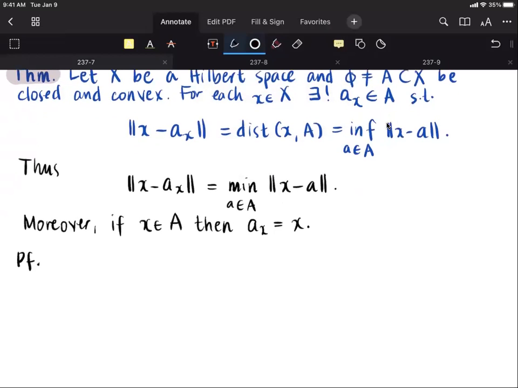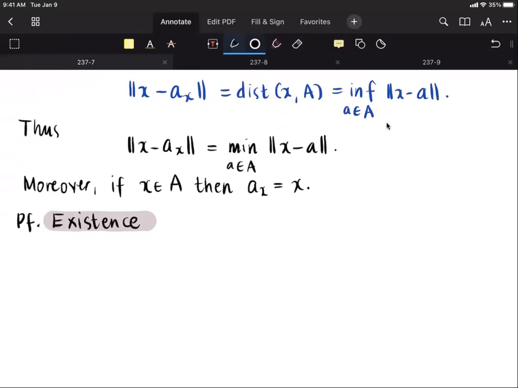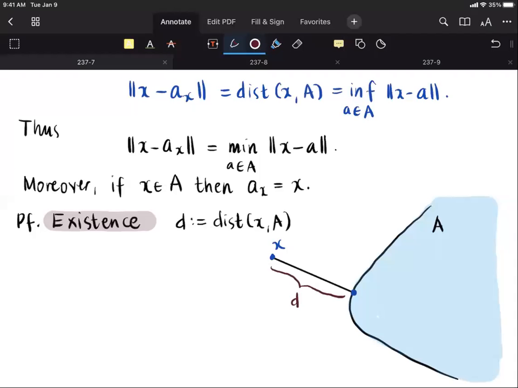We again split the proof into parts: existence and uniqueness. To prove existence, first let us denote by d, for simplicity, the distance between the point x and the set A. As an illustration, consider this set A and a point x, let's say not in A, without loss of generality.